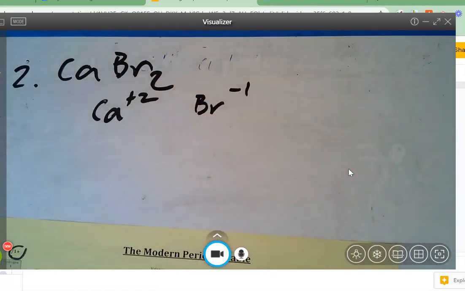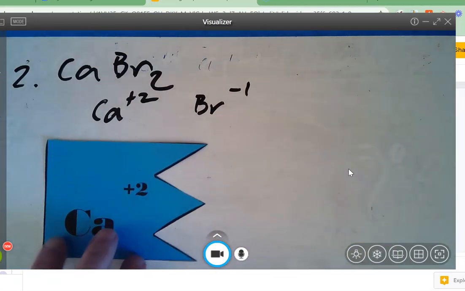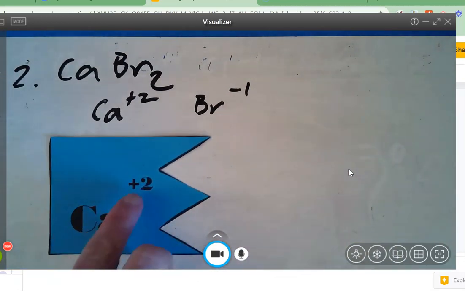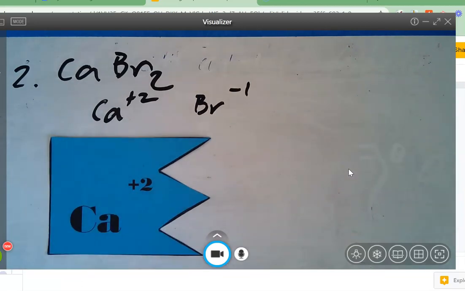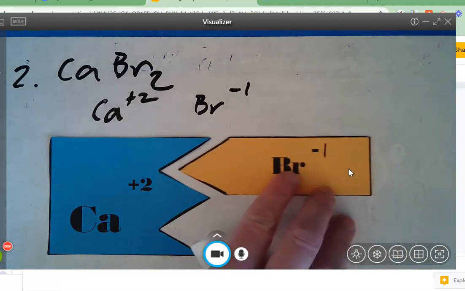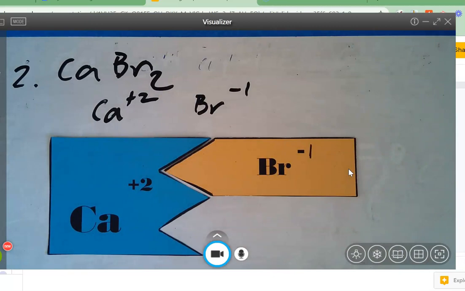Bromine -1. So you'll do this, like I said, it's super fun, which is why I'm doing it. Calcium has a +2. Here's a piece with bromine. If I stick 1 bromine in there and I add those together, a +2 and a -1 does not equal 0. In fact, a +2 and a -1 equals +1.